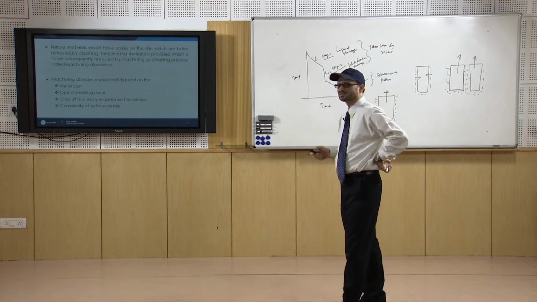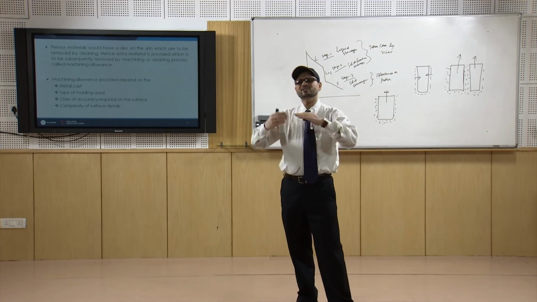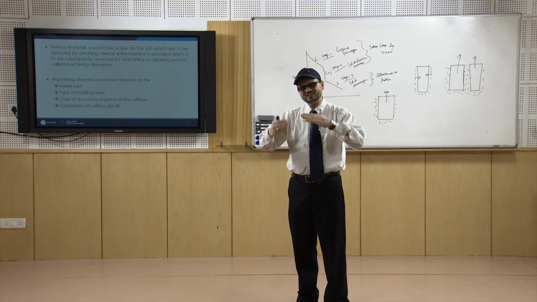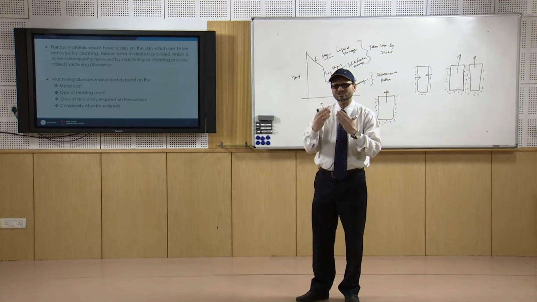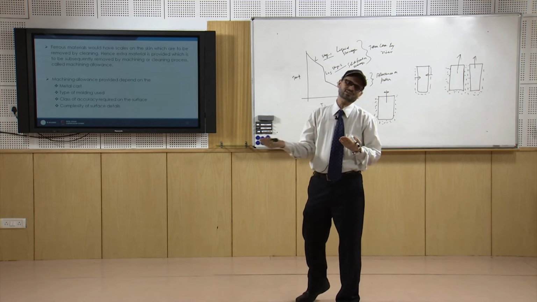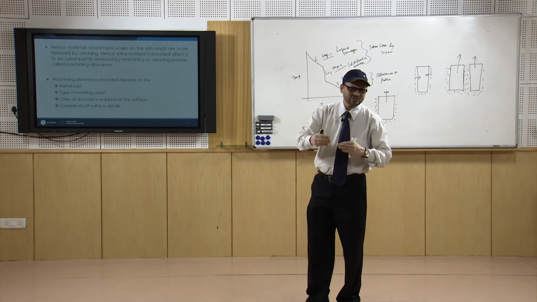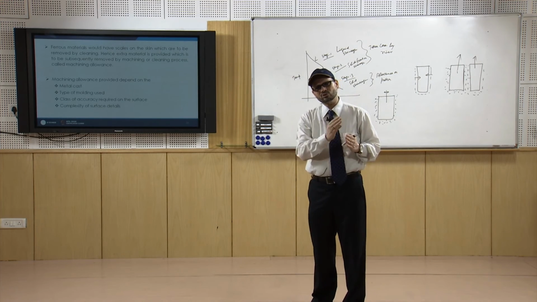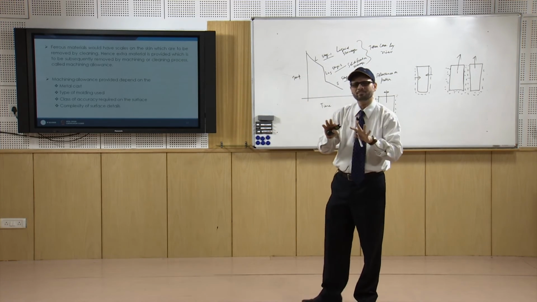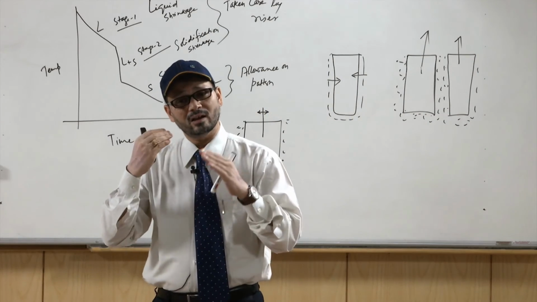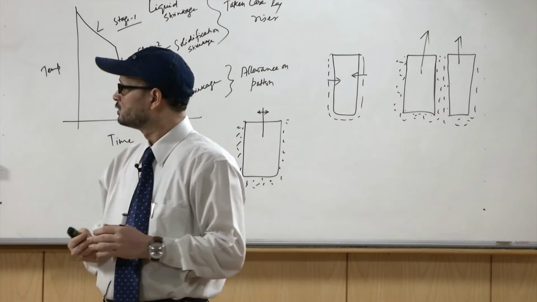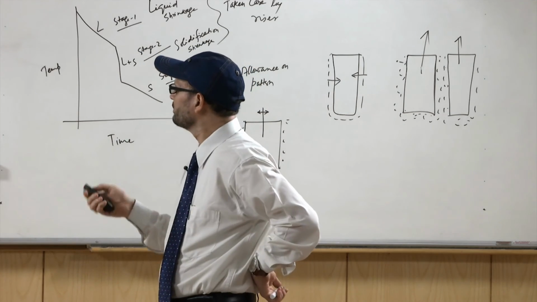When we melt ferrous materials, the normal tendency is that you also have skins or scales, which are removed. So you have to have extra material, so that once you remove these scales, you do not get an under-dimensioned product.